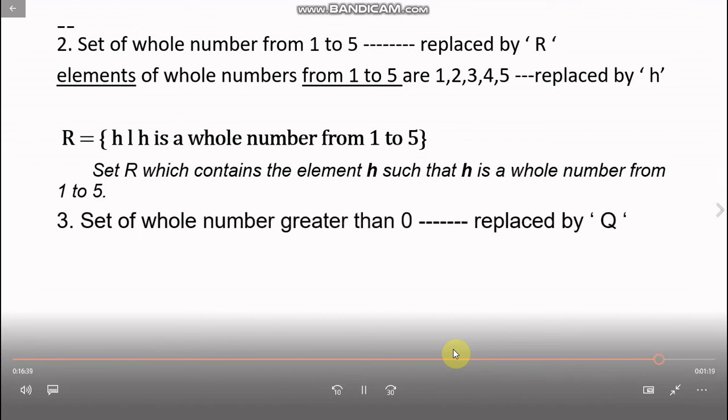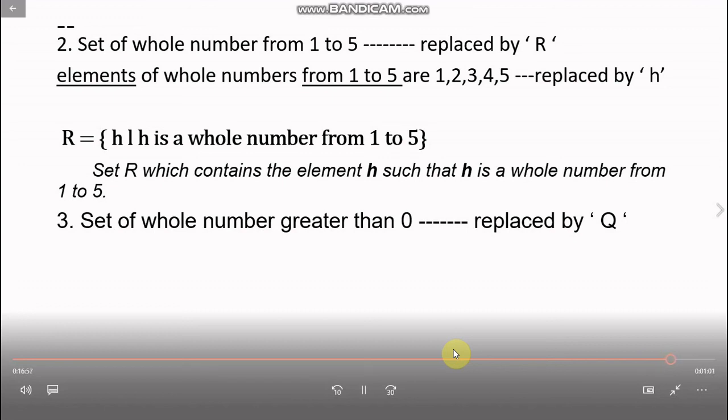Next, number 3, set of whole numbers greater than 0. We will replace this set statement with capital letter Q. Now, can you enumerate all the numbers? Can you identify all the numbers greater than 0?